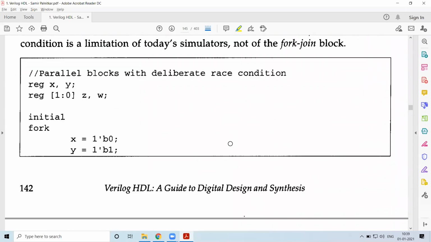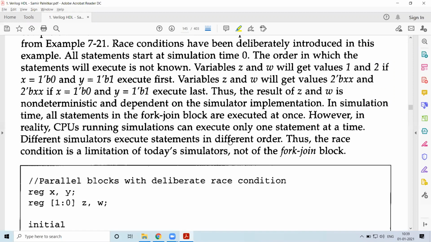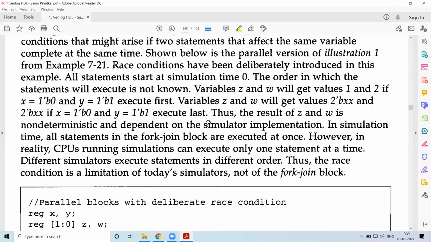So here we can observe that we can have something termed a race condition, because the order in which they are executed is not known to us.